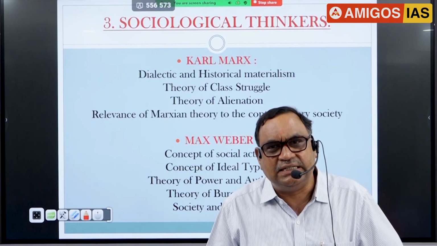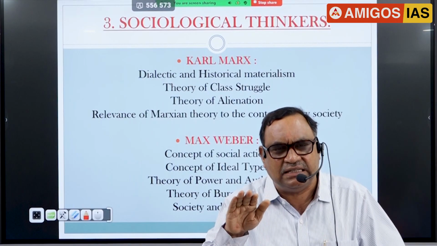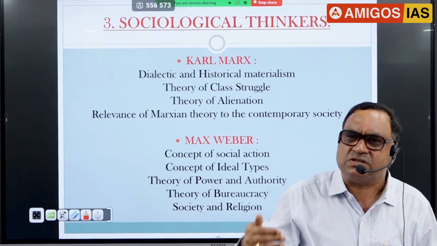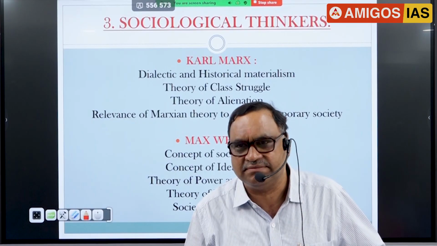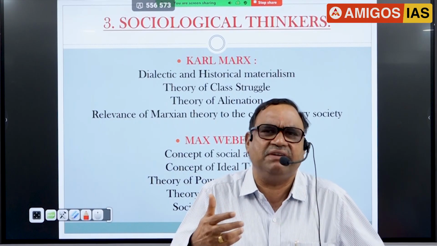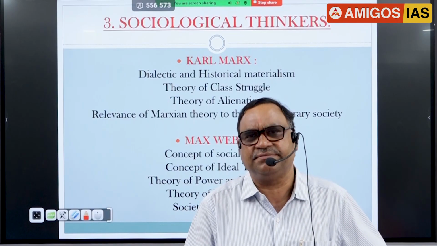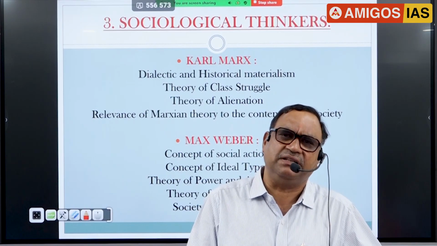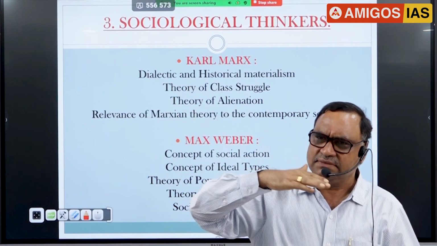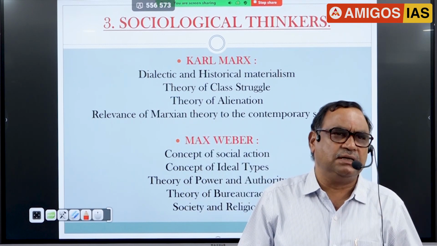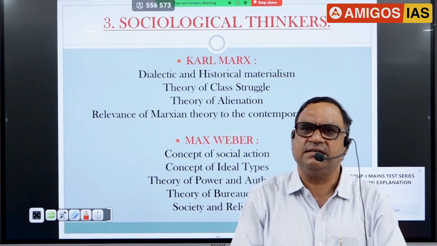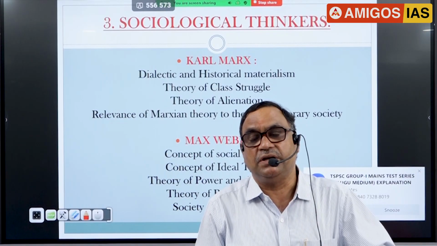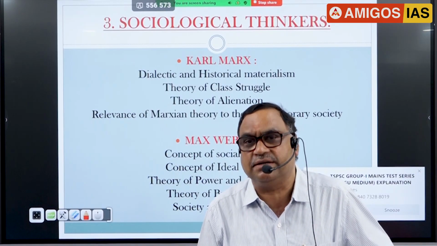So whether Marxian theory is relevant in present contemporary society, because now most of the societies are capitalist societies, right? And capitalism became very strong in almost all societies. But Marx believed that at the height of the competition, the capitalist societies will create such kind of conditions where the proletarian revolution will occur.